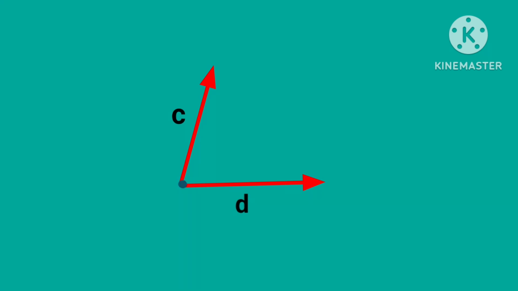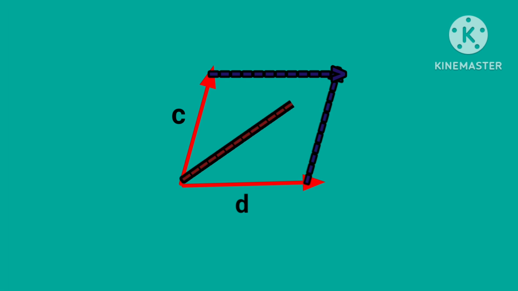If we move vector d, then we will get this. Now we draw two lines parallel to vectors c and d to form a parallelogram. Then, according to the parallelogram law of vector addition, this diagonal will represent the sum of the vectors c and d.